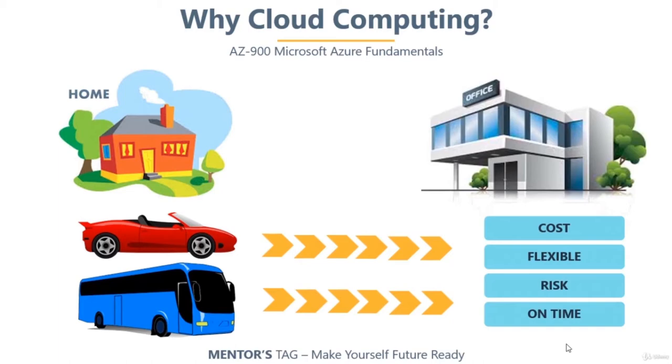In the other case, the cost involved with public transport is very low compared to your own personalized vehicle. In the same way, if I focus on flexibility, or convenience, then my personal vehicle will be more convenient for me compared to public transport. So cost wise, public transport is winning, and convenience wise, our own vehicle is winning.